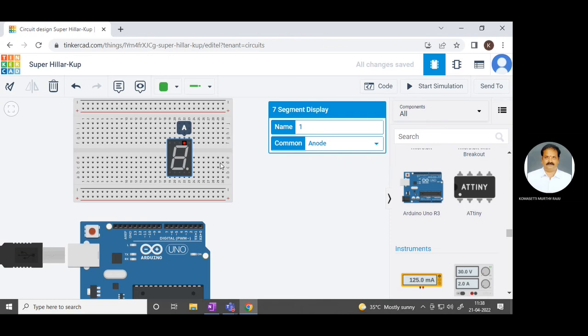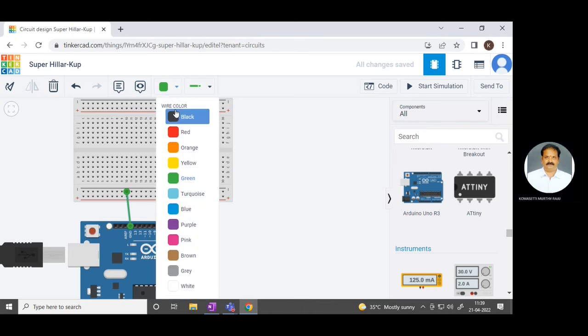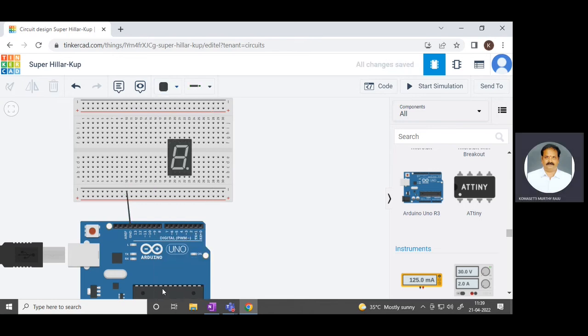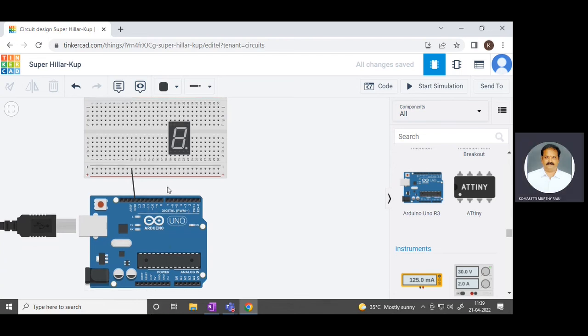Suppose I have to create a ground point and 5 volts point on the breadboard. See the ground point and 5 volts point.